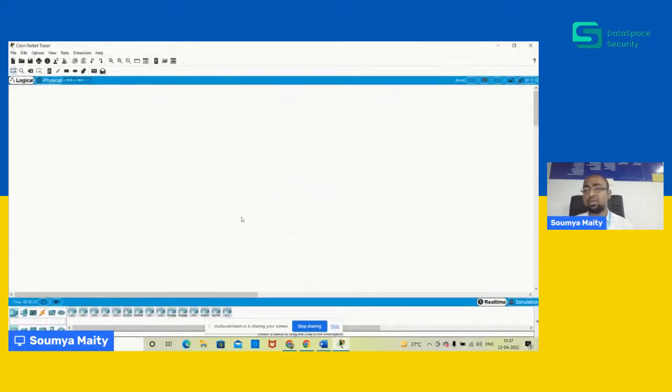Okay, so this is the interface of Cisco Packet Tracer. There we will create a VLAN setup. We have to take a switch and take PCs also, personal computers.